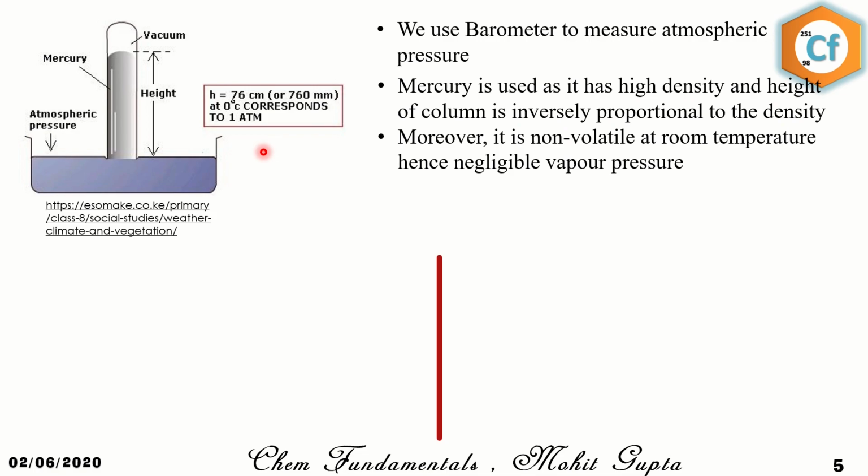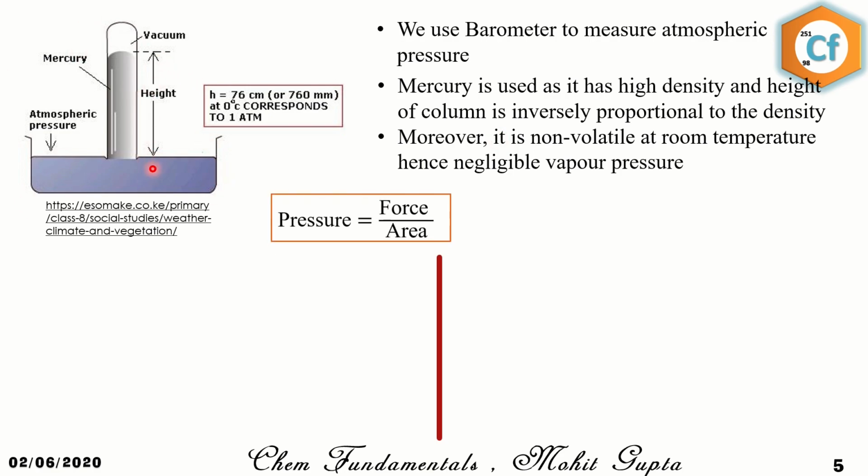So we can use a smaller column to prepare this barometer. The next important thing is mercury doesn't stick to the glass, therefore it is appropriate for us. Moreover, it is non-volatile at room temperature, hence it has negligible vapor pressure. Since it is non-volatile, its mass would be constant and it won't change during this measurement.